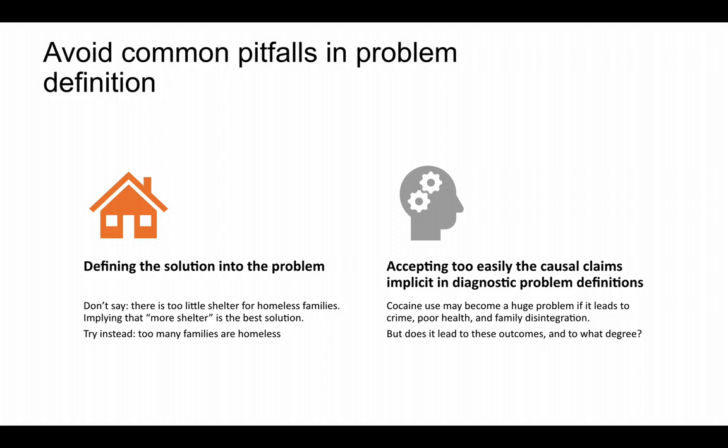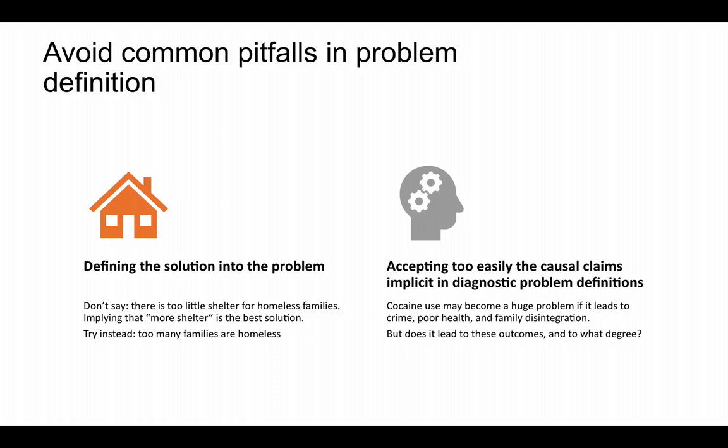So you can try, when you identify the problem, you simply state too many families are homeless. Now, if possible, quantify it, right? For instance, 6,000 families are homeless during this winter in West Michigan area. So that will be very specific, okay?